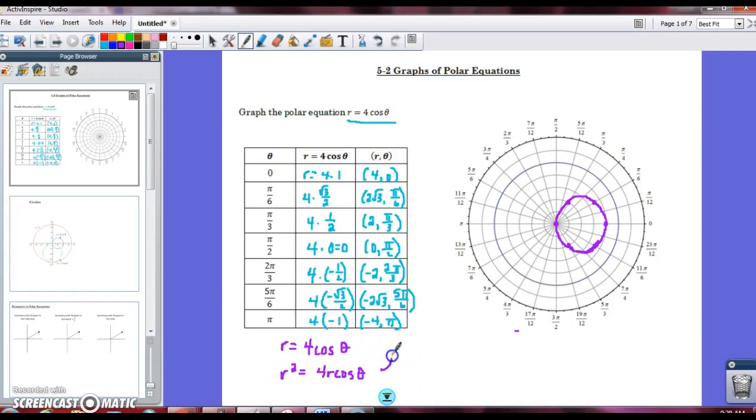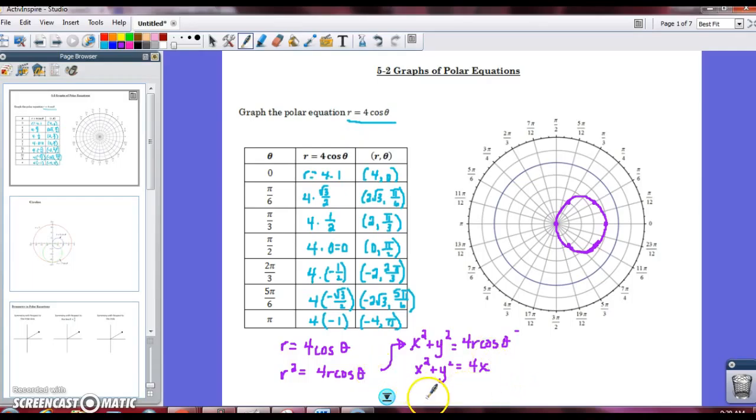Remember that r squared is x squared plus y squared, which is equal to 4r cosine theta. Remember that r cosine theta is just x. So that would be x squared plus y squared is equal to 4x.